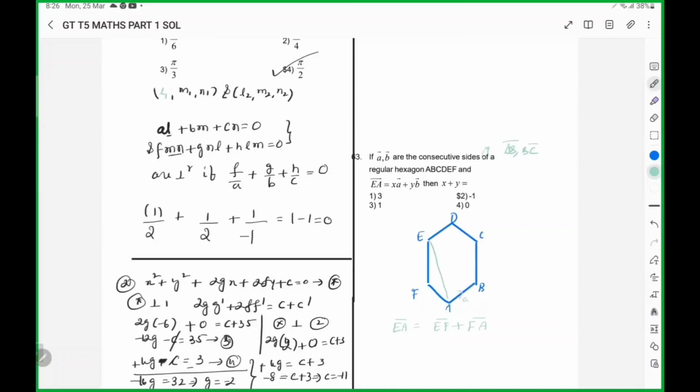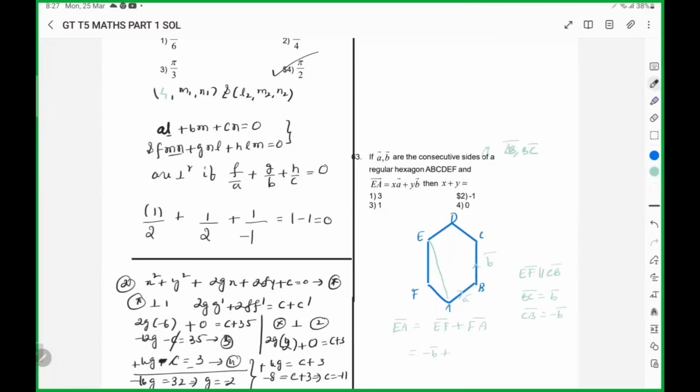AB bar is a bar, BC bar is b bar. So here EF is parallel to CB, since in a regular hexagon all sides are equal. BC bar is b bar, CB bar will be minus b bar. So it's minus b bar.